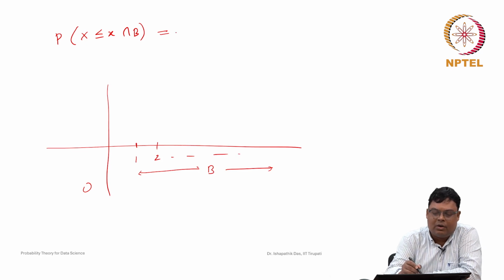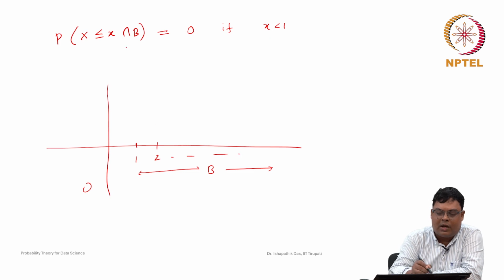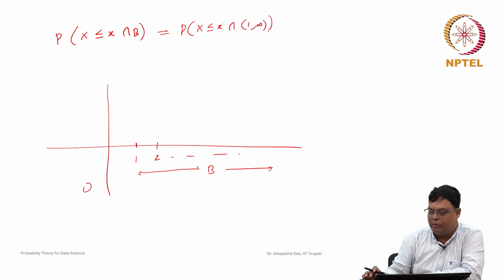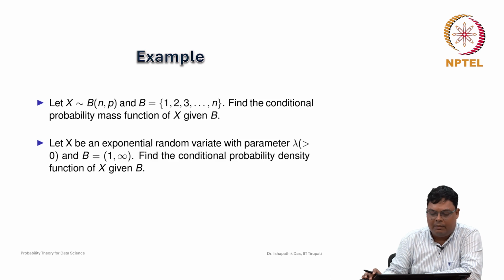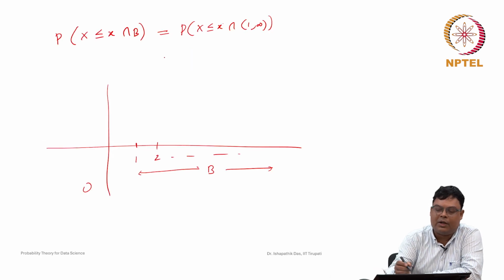So, this will be equal to 0 if x is less than 1, because whenever x is between 0 and 1, this is the event X less than or equal to x intersection 1 to infinity. B is the open interval 1 to infinity. So, if x is greater than 0 and less than or equal to 1, the intersection is the null set phi, so it will be 0.